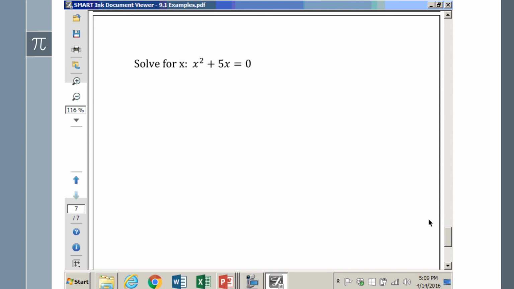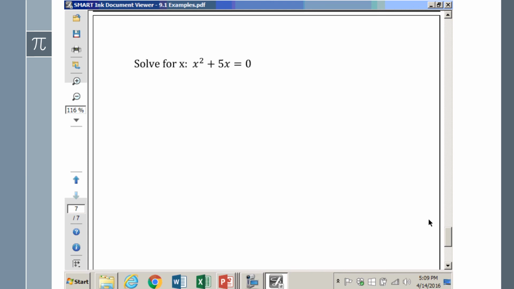The last problem in our group of examples for section 9.1 is x squared plus 5x equals 0. And this is a pretty basic problem. Since we've already got everything to the left side of the equation, now what we're going to do is look for a common factor between each of the terms on the left side.